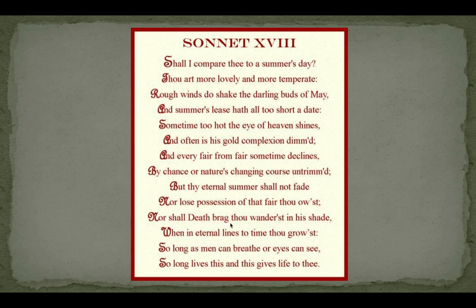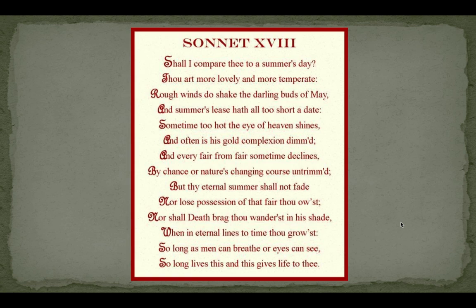Nor shall death brag thou wanderest in his shade, when in eternal lines to time thou growest. Ooh, we're getting a hint as to how this is going to be resolved. When in eternal lines to time thou growest. There's lots of different possibilities as to what that means. But this person's beauty, everything that's good about them, is not going to fade, because they'll be in eternal lines to time thou growest.